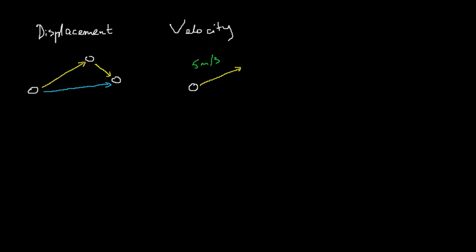Now, but what does it mean if I want to add two of these vectors, with a certain magnitude and direction? Does it mean that we must wait for the ball to move some distance from there to there, and then we have another velocity in another direction? Well, not really.